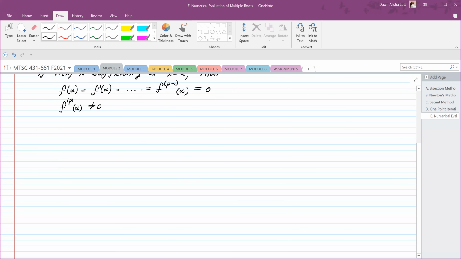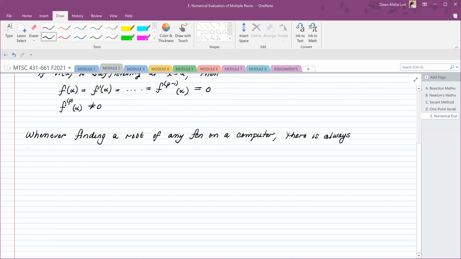All right, so whenever finding a root of any function on a computer, there is always an interval of uncertainty about the root.